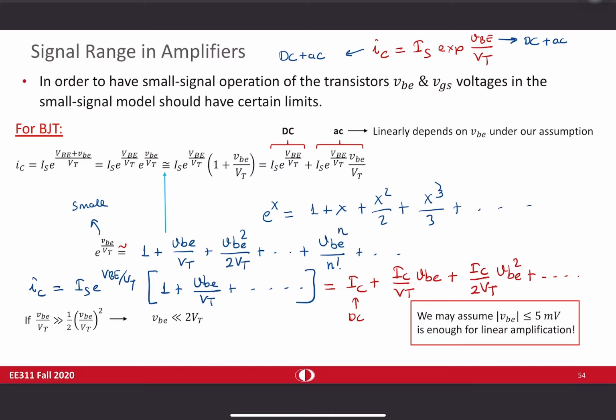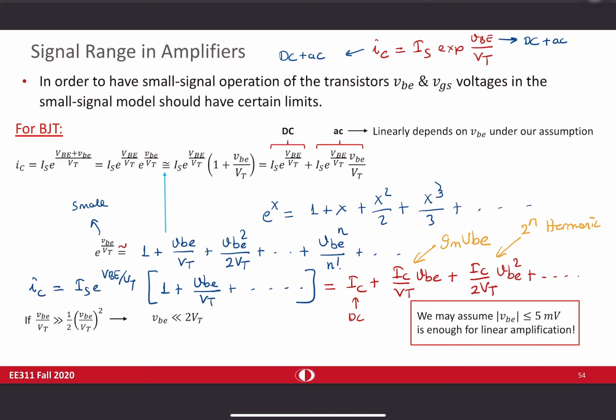So this is my DC expression. This is the DC. This is gm VBE, the first AC component, and it is quite reasonable because it's the linear component. This is the second harmonic. Assume that you are using a sinusoidal input, VB is a sinusoid, let's say.